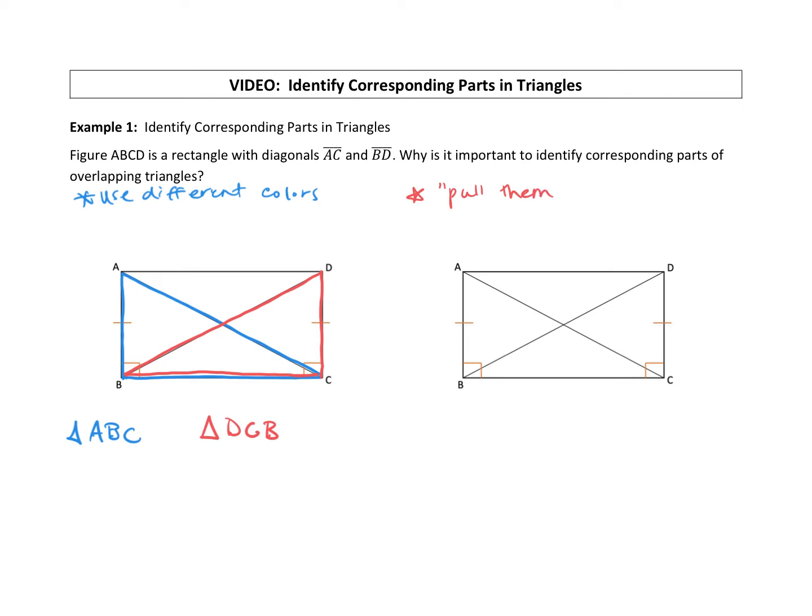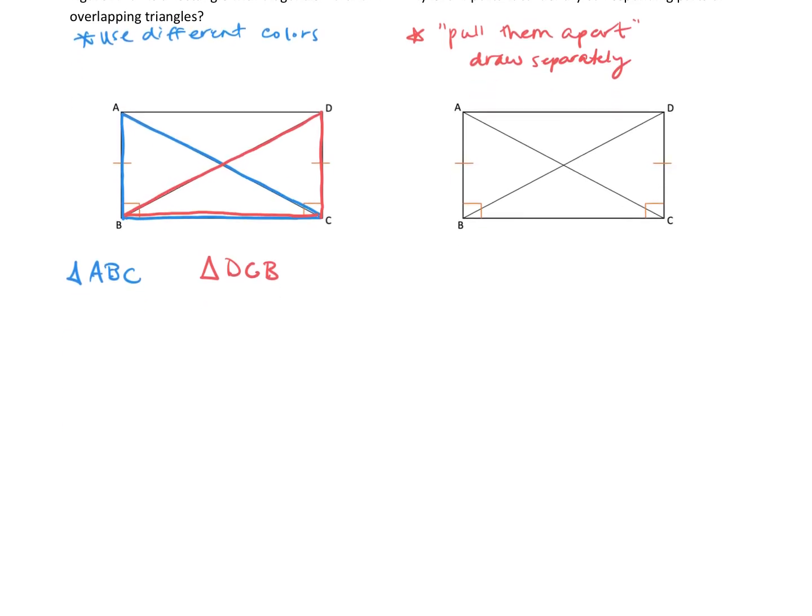Okay, so after you have highlighted them in different colors, another helpful approach is to pull them apart and draw separately. What that would look like is if I want to draw triangle ABC, I'm going to use the same color I used before. Here is triangle ABC. We have a right angle at B and we have a congruency mark on AB.